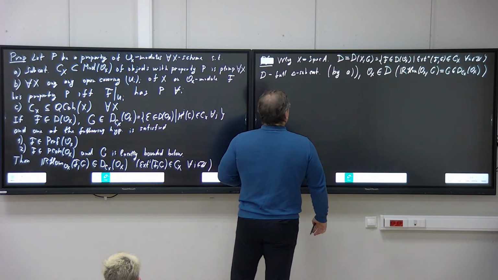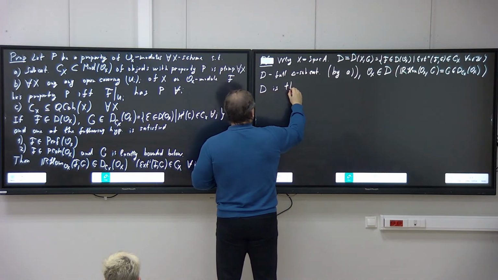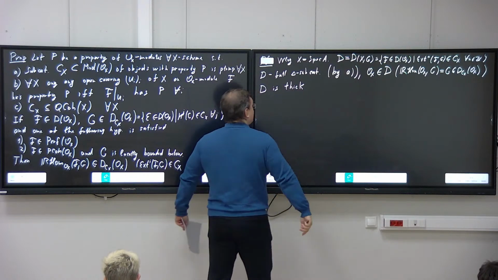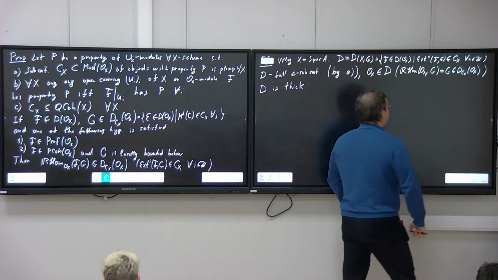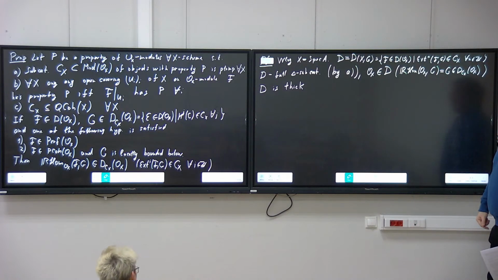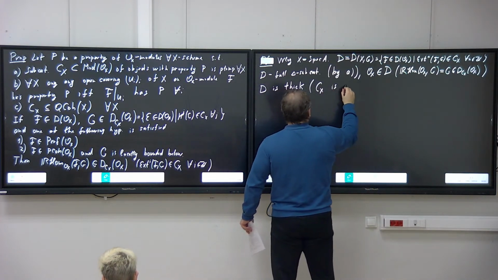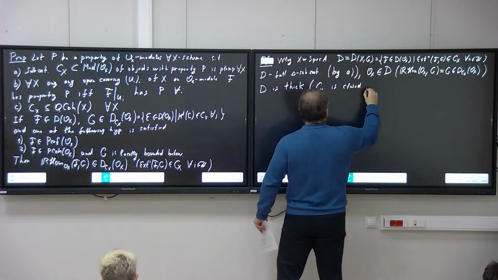Okay, so another observation is that the D is thick, which again easily follows from the definition and the fact that Plum subcategory are closed under direct summands. So C sub X is closed.